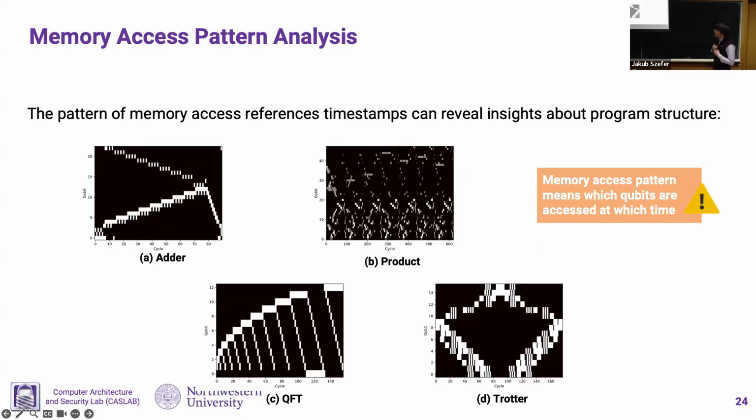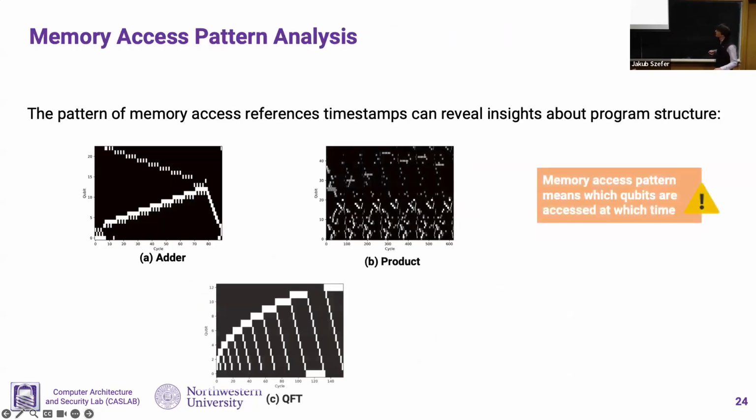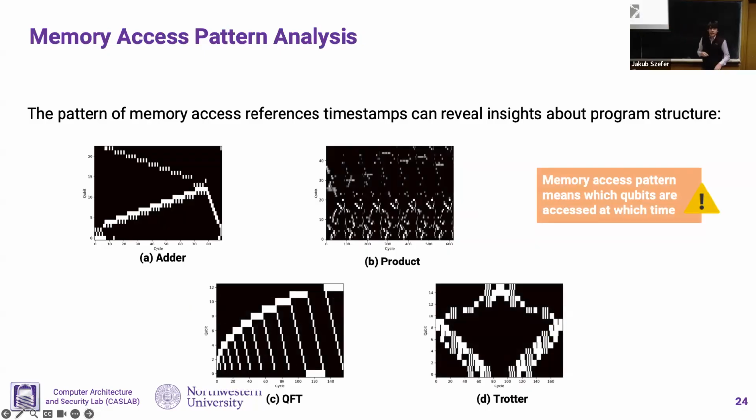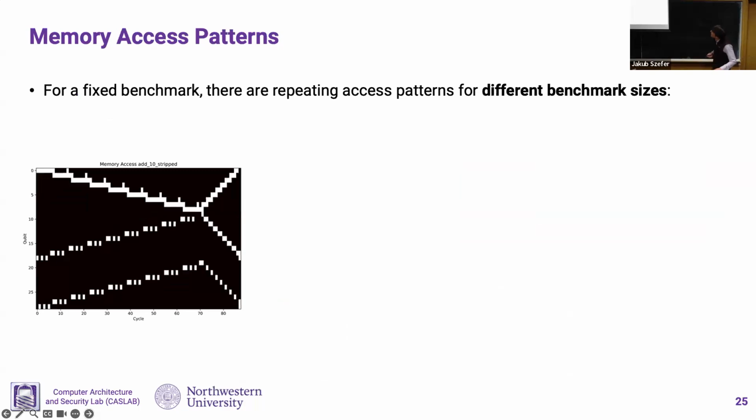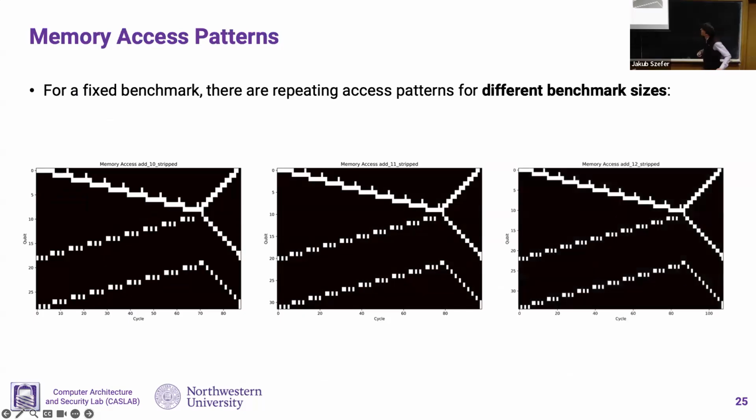So if you have a database of quantum circuits and you simply measure which qubit is actuated at what time, you could see these patterns, and it becomes very clear that each circuit has a unique pattern that you could pattern match. And if you scale a circuit, like a quantum adder adding bigger and bigger numbers, there's a pattern that remains.